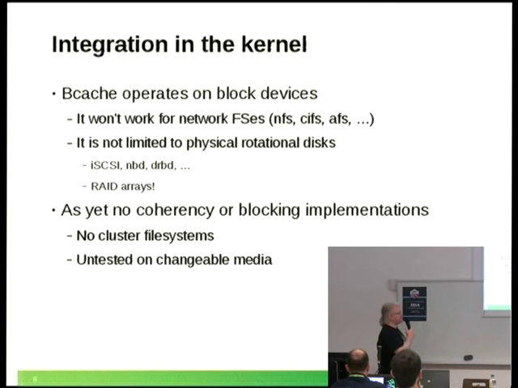It has the other limitation, on the other hand, that it needs a backing block device. So using it to cache NFS, no way. Same for the other network block devices. And just last week, somebody came up with the idea of using TMPFS as a cache device. Won't work either. There need to be block devices.